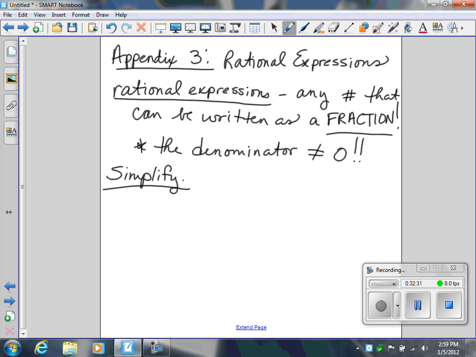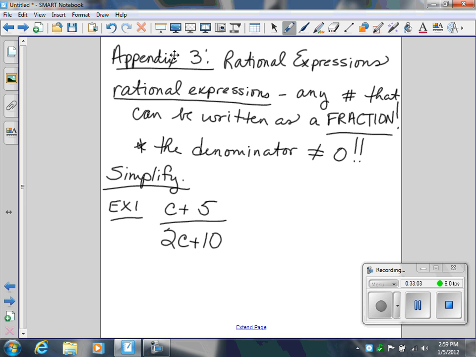So let's simplify. Let's look at this first one. Very basic. C plus 5 over the quantity 2C plus 10. Folks, how do you simplify a rational expression? What's the first thing you have to do? Well, we do have to cancel things out. Do we do that first, though? Ooh. What about the GCF?